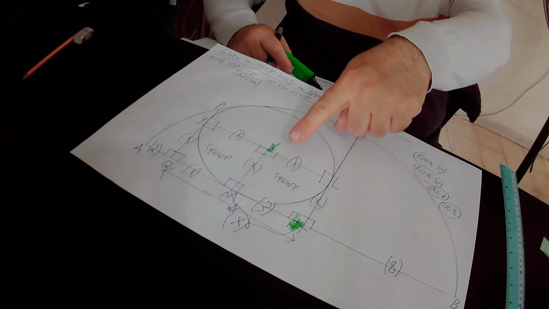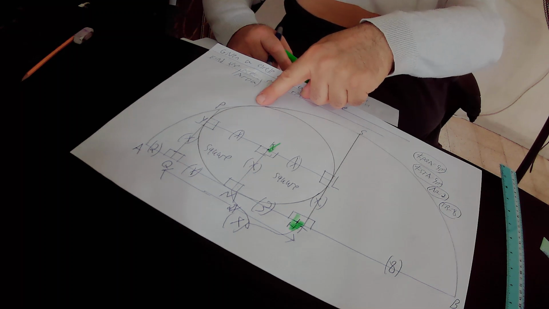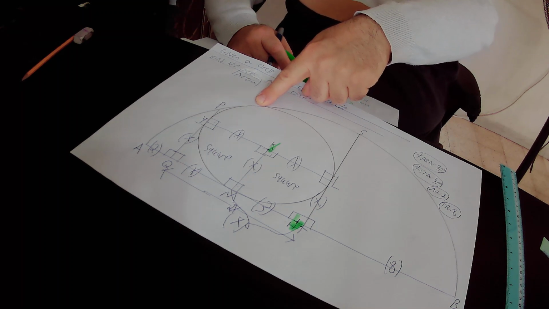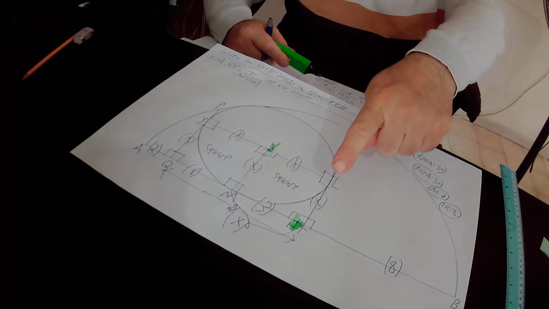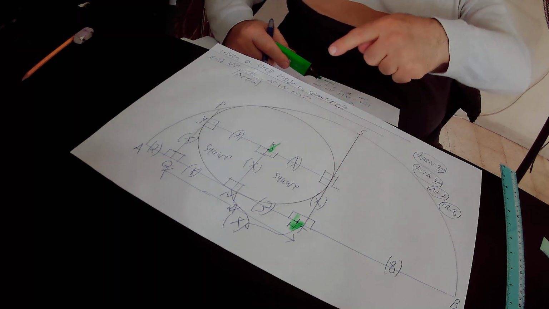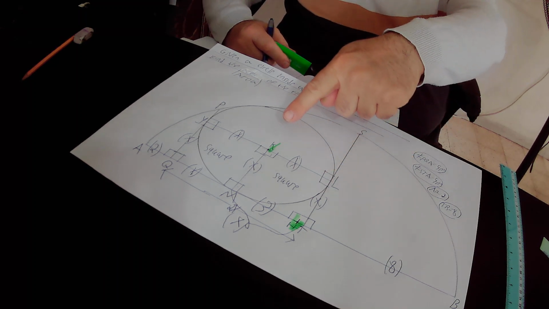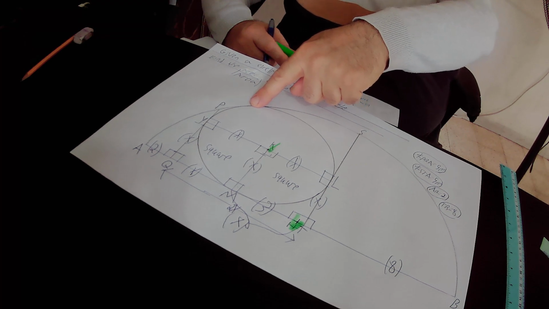This straight line HK must pass through their touching point, according to rule 9. So I connect point H and K together by a straight line, and according to rule 9, the straight line HK must pass through their touching point.